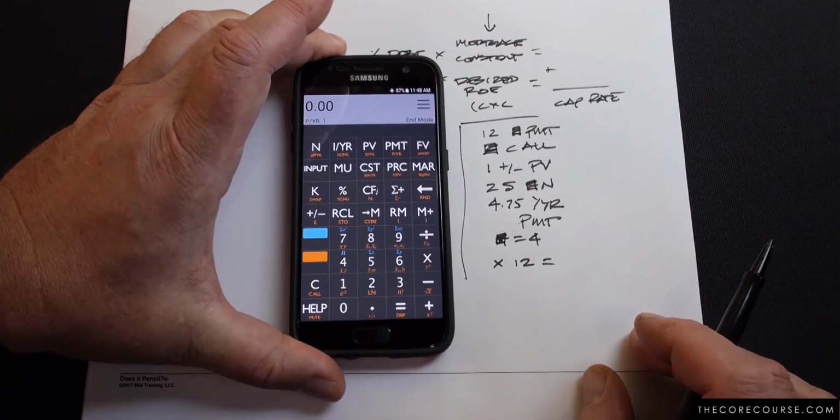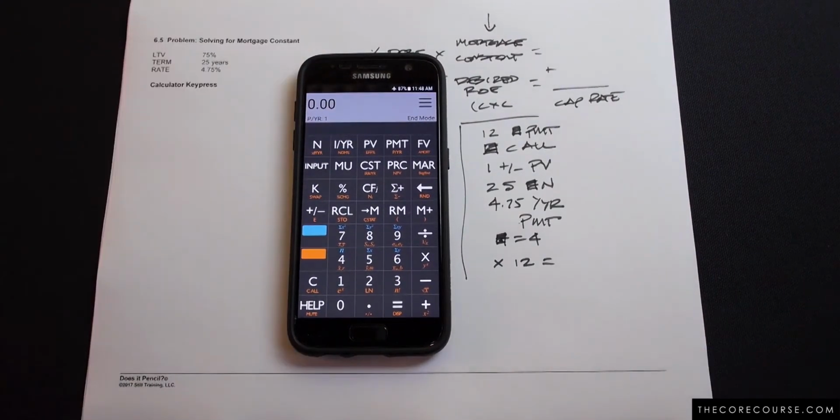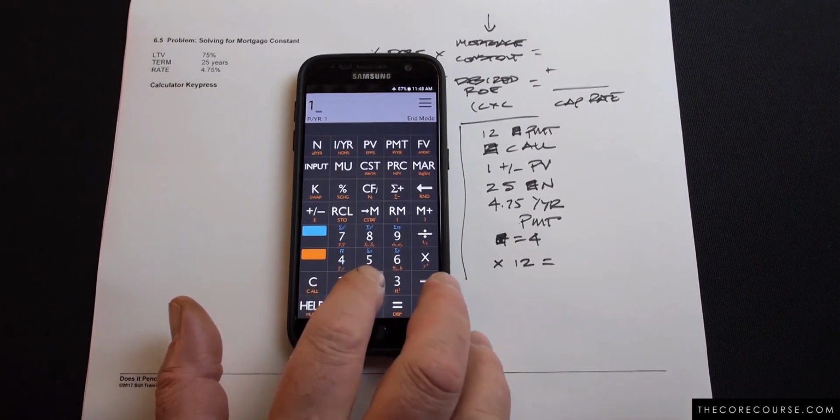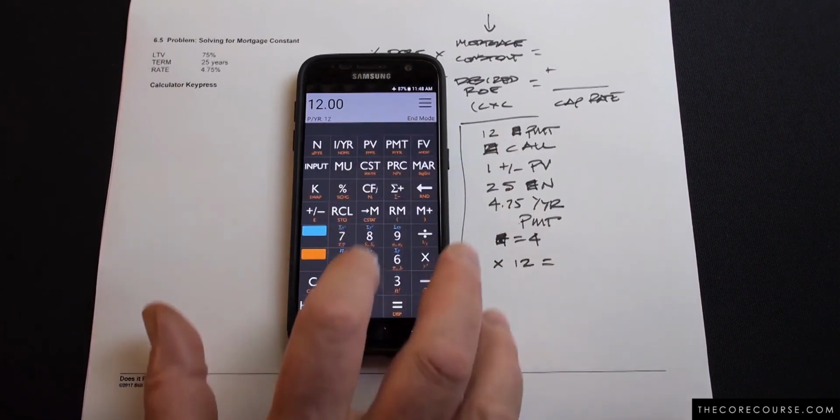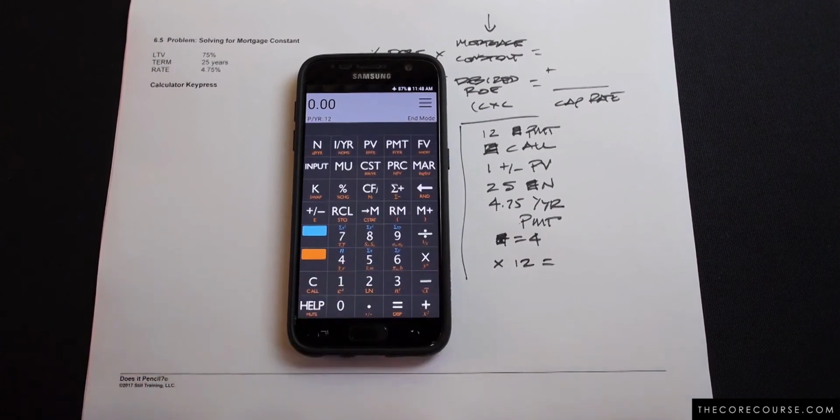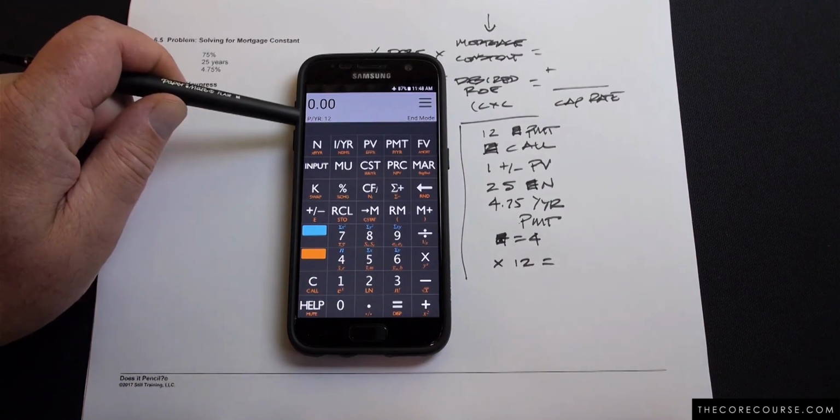So let's do this. 12 gold key payment, gold key clear all. You can see right here, it says P/YR is 12.